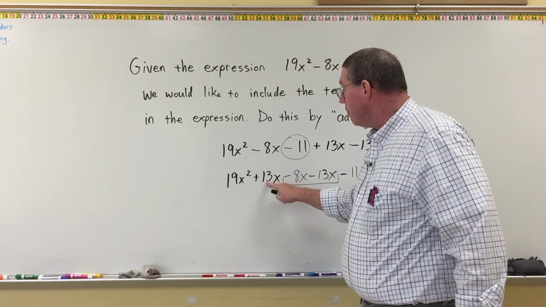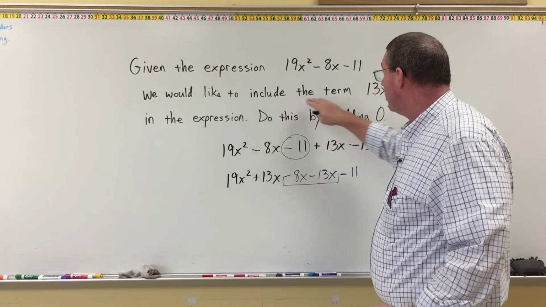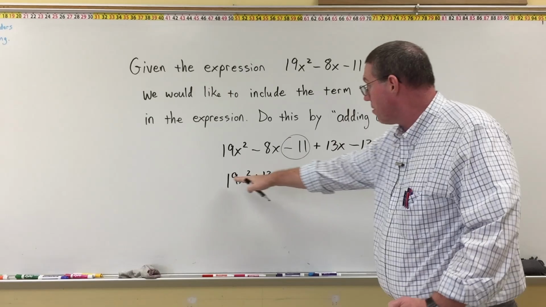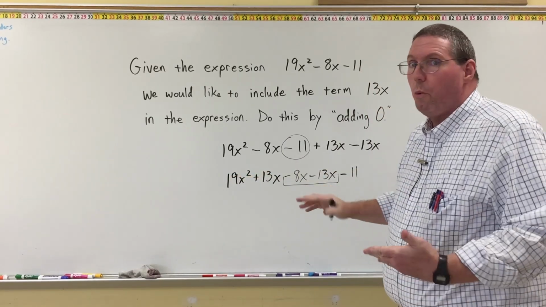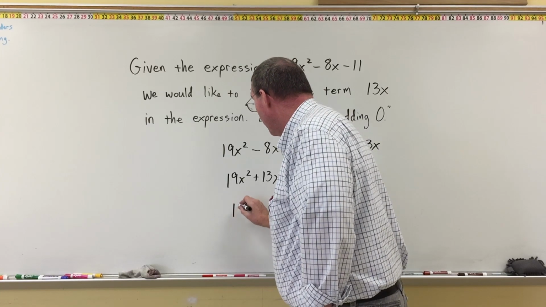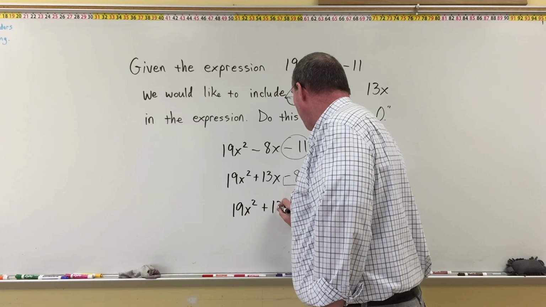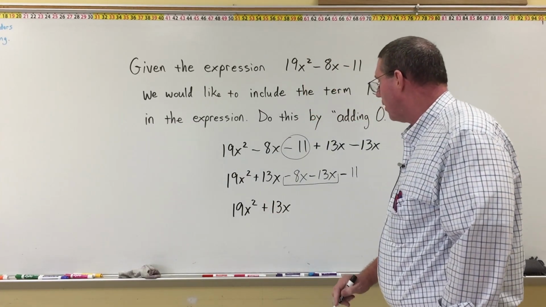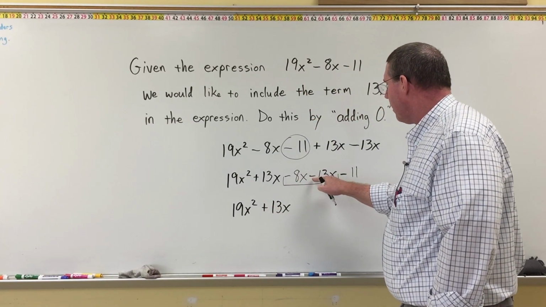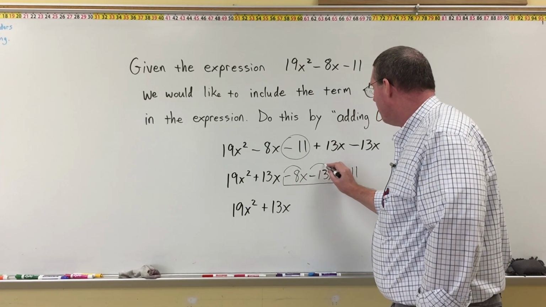You may say, why aren't we going to combine the plus 13x? Well, the question said that we want to include the term 13x in the expression, so we don't want to combine that with anything. So now our final answer is going to be 19x squared plus 13x, just like we wanted in the expression, and then minus 8x minus 13x is really just minus 8 minus 13.